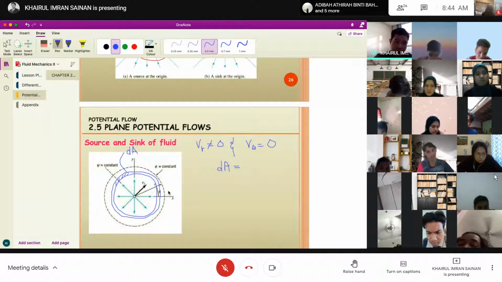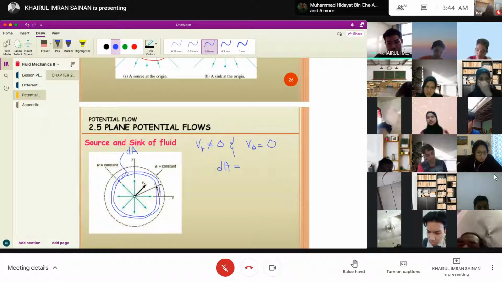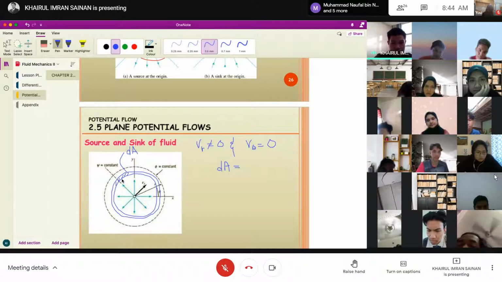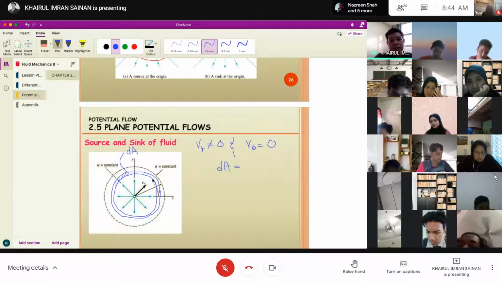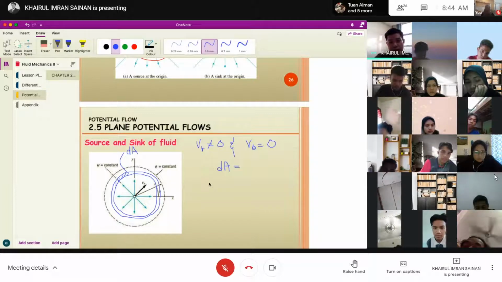If area is pi r squared, how about circumference? 2 pi r, right? So this is actually 2 pi r. We want to find the change of area, so that means 2 pi r multiplied with the length.